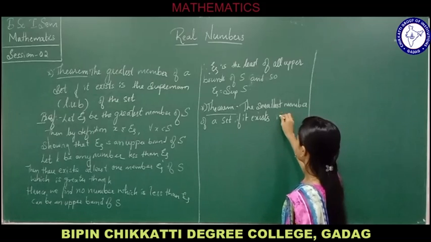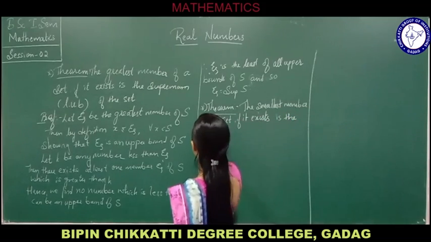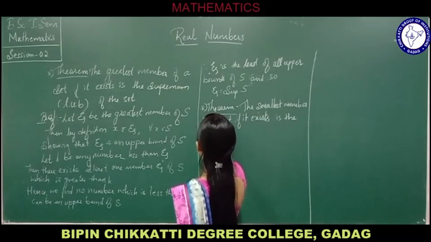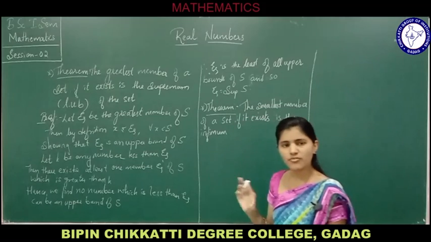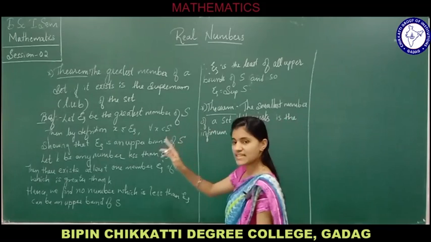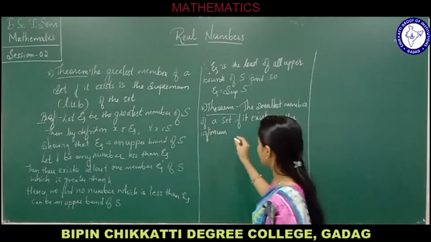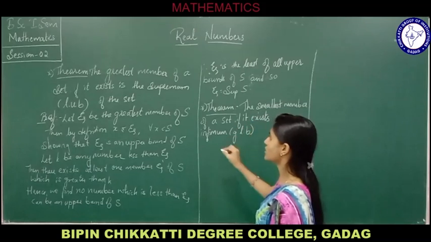It is the infimum. What is another name for infimum? We have already said it: supremum is the least upper bound and infimum is the greatest lower bound of the set.